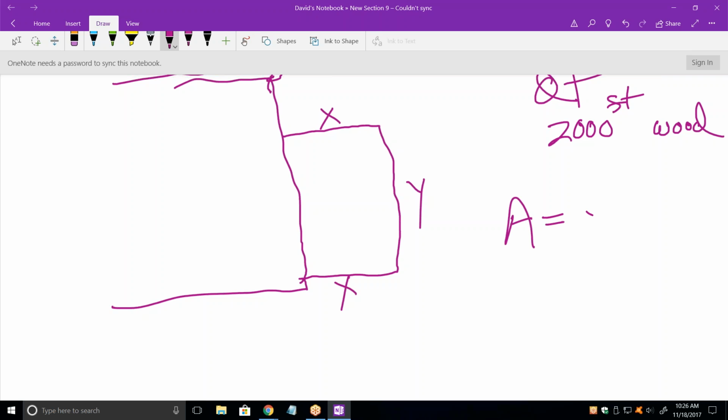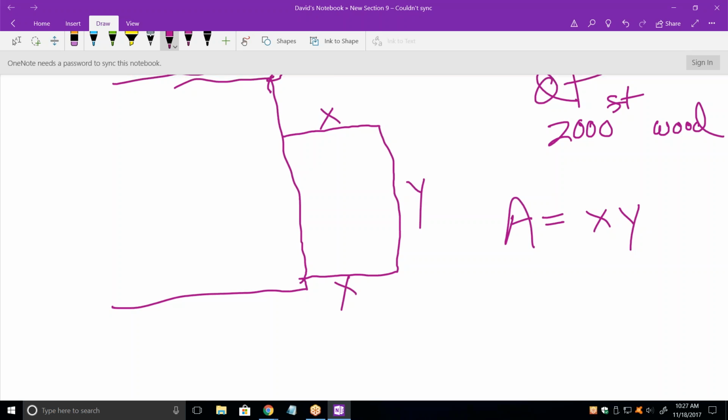X times Y. Now we know that with optimization, we want to take the derivative, set it equal to 0, and that's going to tell us maximums or minimums. Problem is I can't really differentiate this. I want the area to be a function of one variable only.